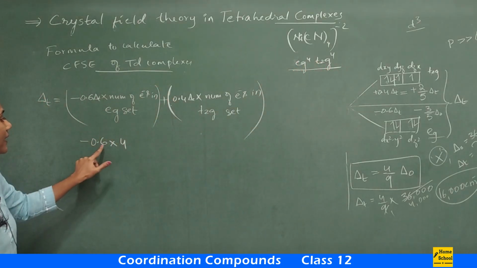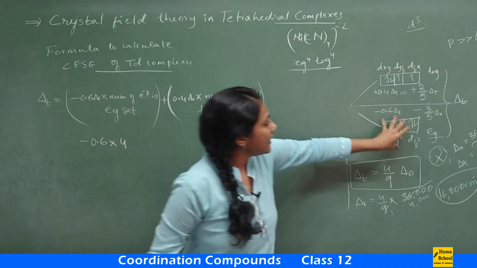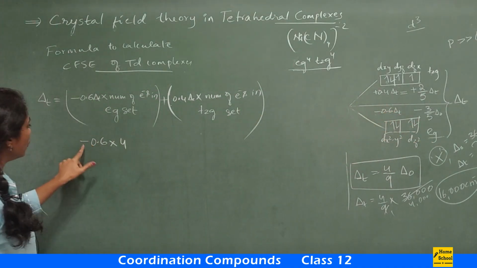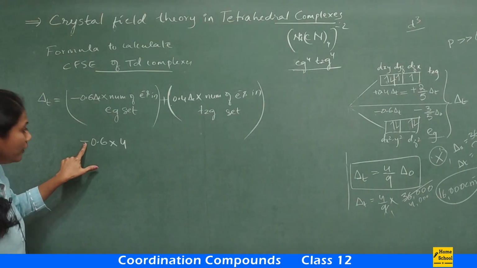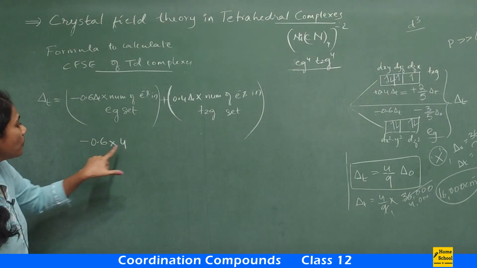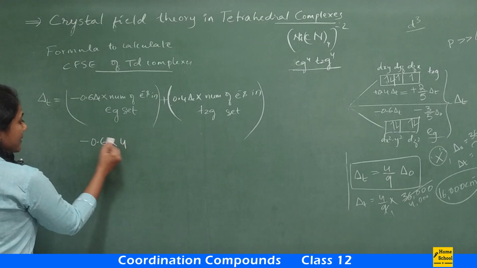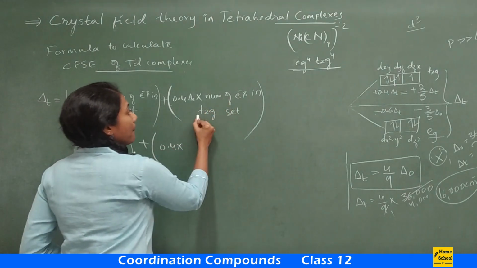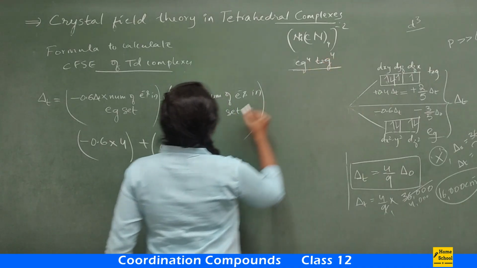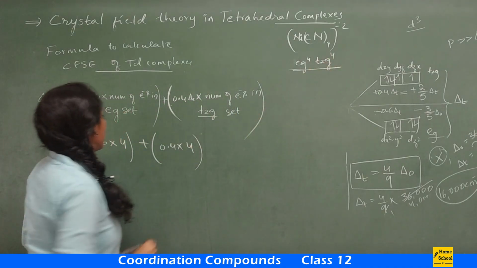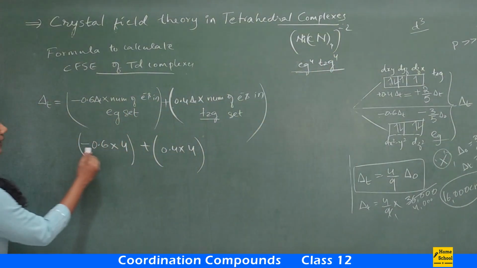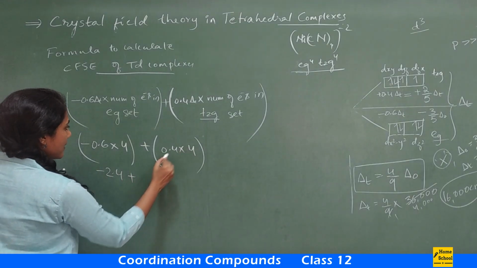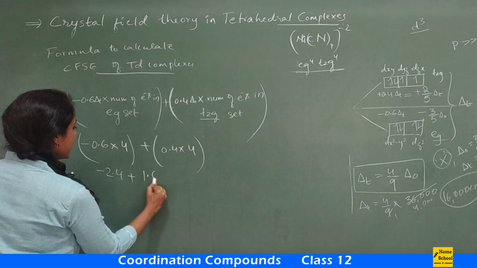So this number is minus 0.6, because the energy of this set is decreased by this much. Don't forget to take the minus sign. So minus 0.6 into 4 plus 0.4 into the number of electrons in the T2G set. How many are there? 4. So this is how you have to calculate. It is minus 2.4 plus 4 fours are 16, that means 1.6, right?